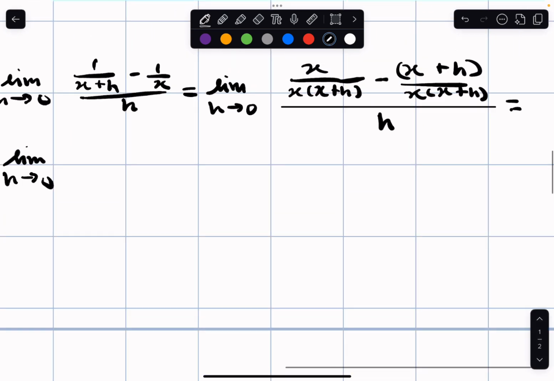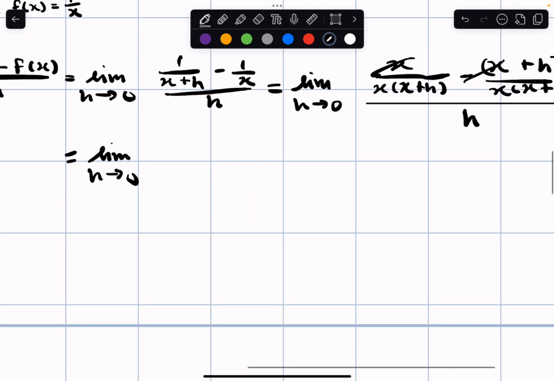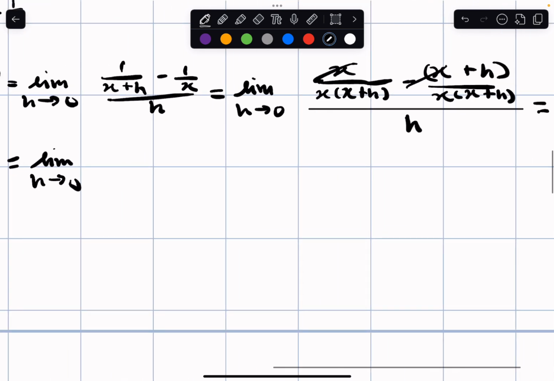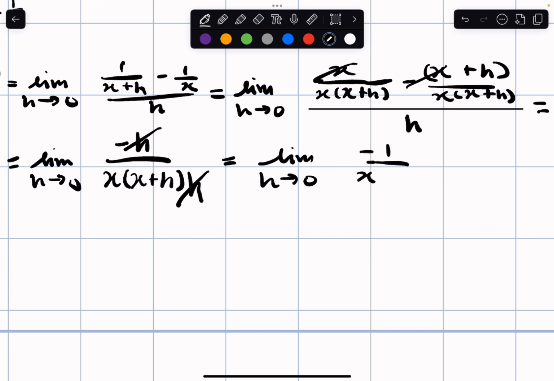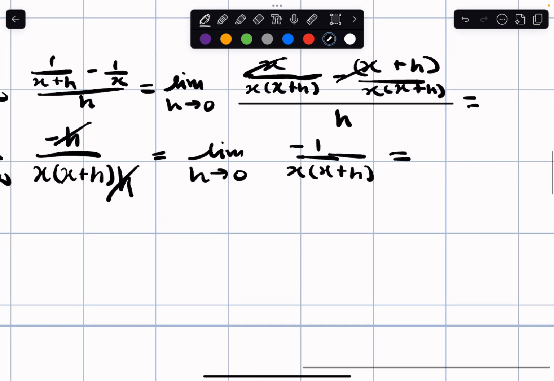So then these two will cancel out because of the distribution inward, and then we'll have a negative h on the top, and x times x plus h divided by h. Since it's h over 1, we'll flip it. We can just put the h on the bottom, and these two h's will cancel out. So we're given the limit as h approaches 0 of negative 1 over x times x plus h. And if we plug in the 0 for the h, we get negative 1 over x squared, and that will be our answer.